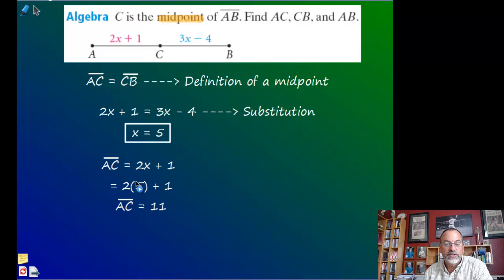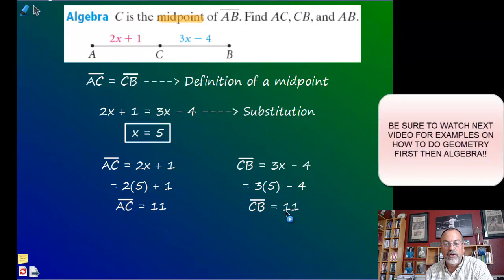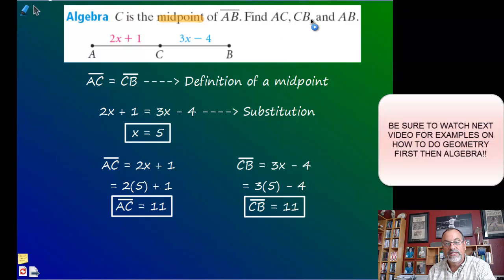So I can check my answer by putting that back in, and I get 11 for AC, and I get 11 for CB. Therefore, I know these are my correct answers because these are equal. And it did ask me to find AC, CB, and AB. So I found AC and CB. How do I find AB? Well, those two added together, which would be 22. Okay, so it's a nice way to check our work.